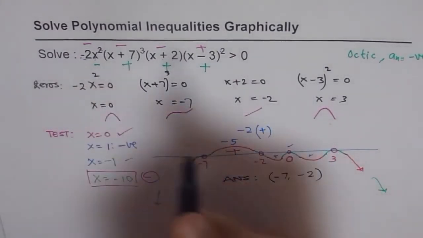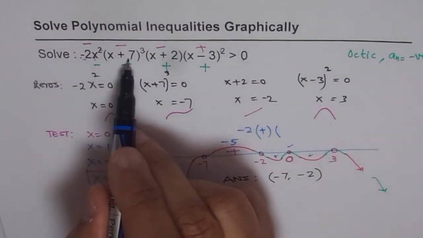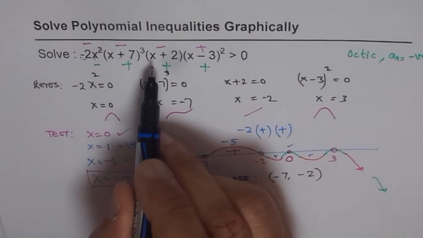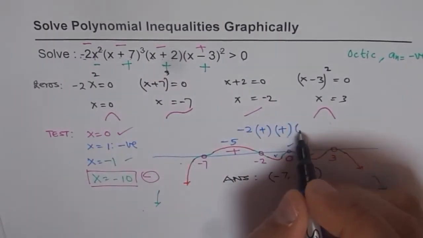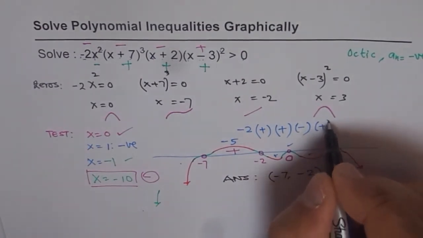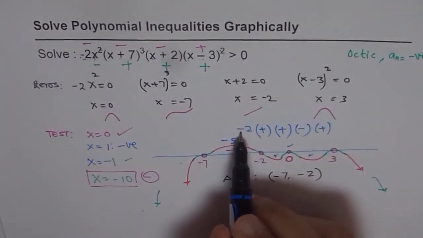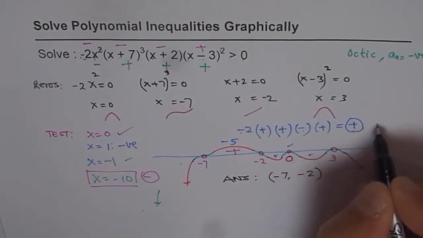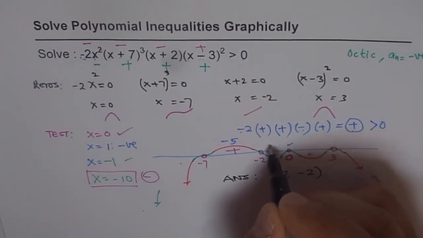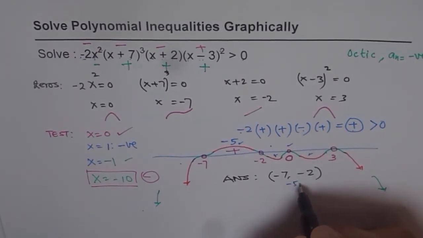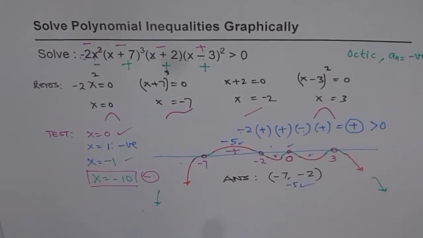And this minus 5 plus 4 is positive, so it will give me a positive answer. Minus 5 will give me a negative answer. And minus 5 minus 3 will give me a negative answer, right? When I multiply these two negatives, what do I get? I get positive, and positive is greater than 0, so that is part of the solution. So minus 5 worked, and therefore it is a perfect solution.